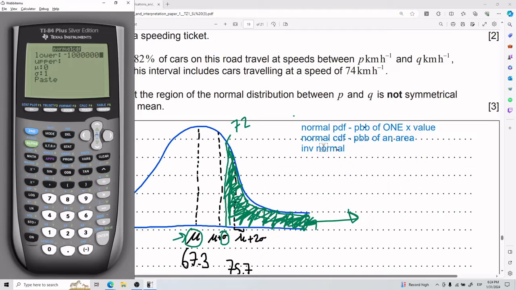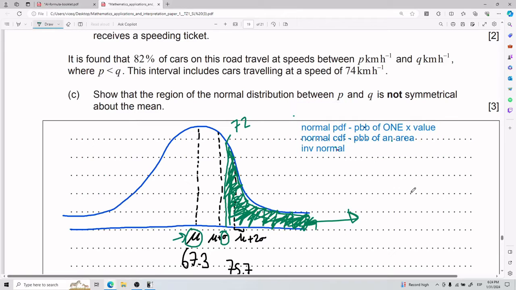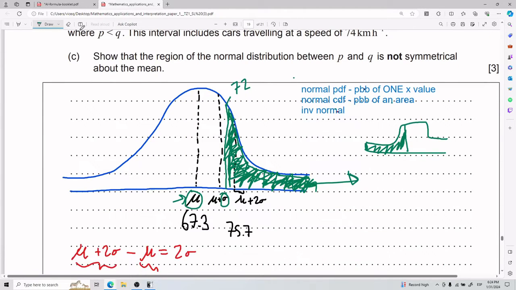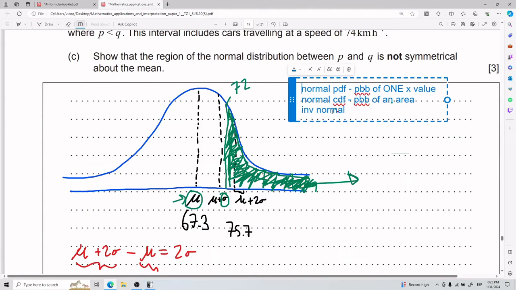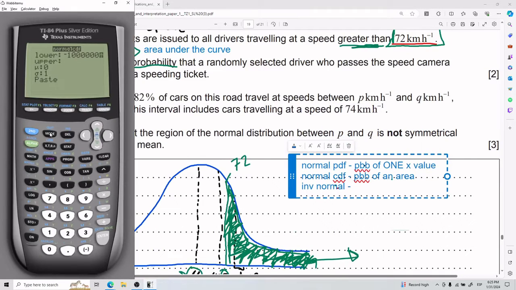You can think about it as negative infinity. So in that case, it would be saying, okay, from negative infinity up until, I don't know, here, you find the area. In this case, when you go from 72 to infinity, we're about to see how that works. But I do want to show you all the tools. Let me finish up with inverse normal.